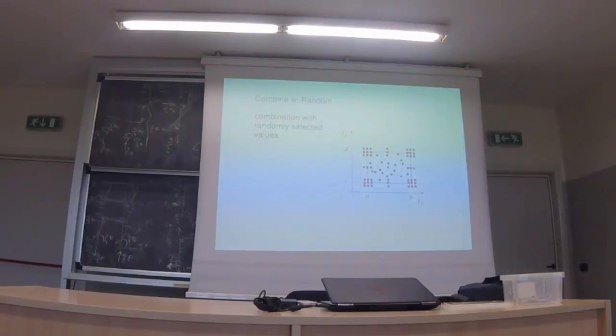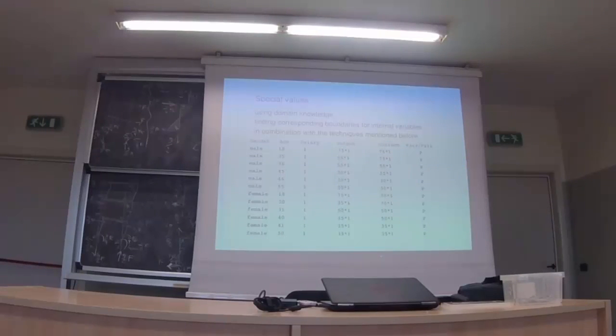Maybe we can also have some kind of errors with some of the values which are not on the boundary. So we can combine this with some randomly selected values, and the number of tests that we have to do increases. Otherwise, we can use some knowledge.